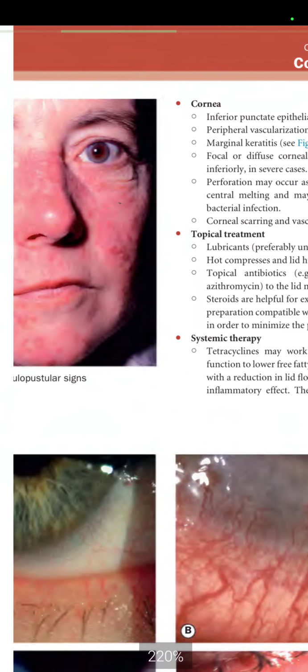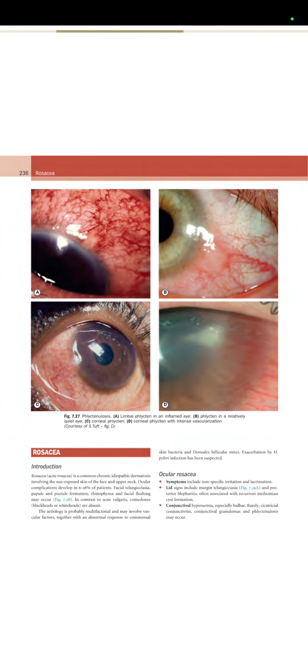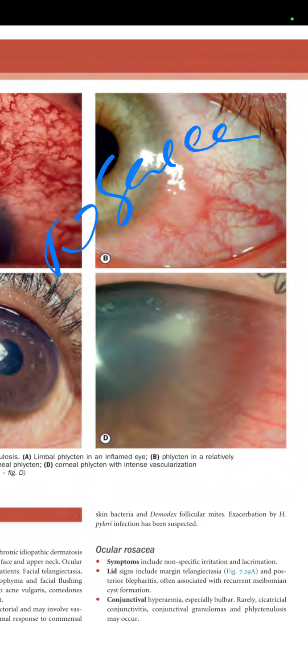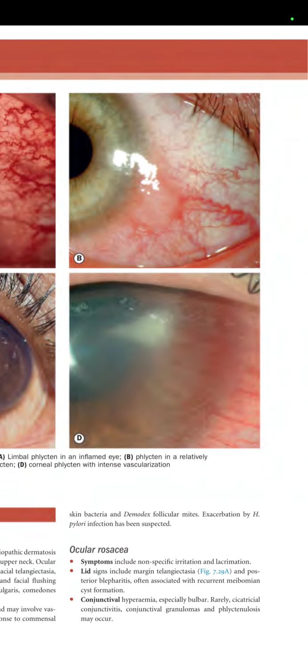Ocular rosacea. So ocular rosacea is how the rosacea involves the eye. One thing to always remember with rosacea is telangiectasia. Telangiectasia is the dilated capillaries or blood vessels that are present.